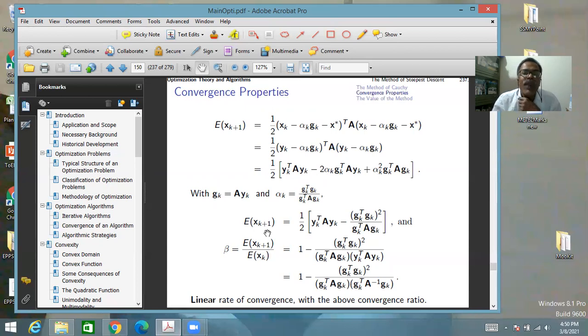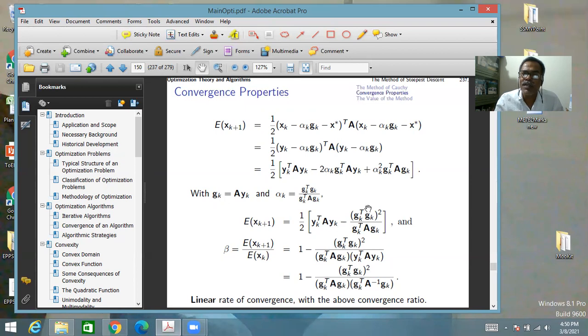Okay. And we find that if we divide it by E at xk rather than any other power of it, then only we get this finite ratio. You see, E at xk is this thing. So we divide by it. Half of this thing, half this thing. So half goes, this goes, 1 comes here, this comes here.